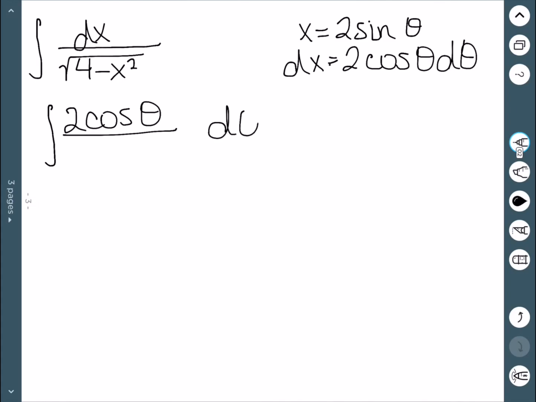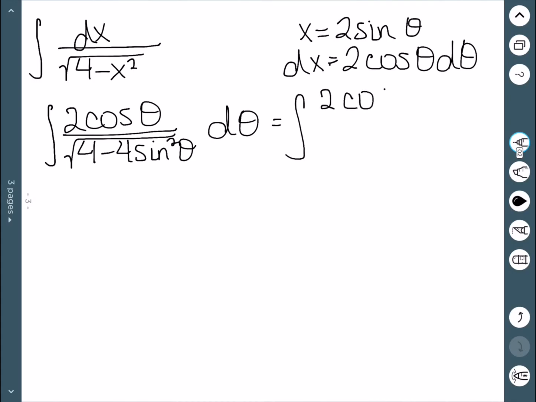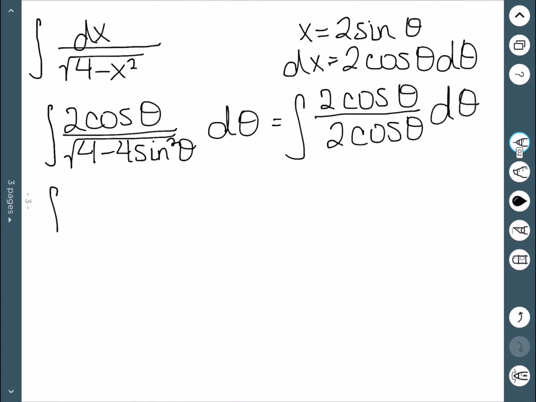And the denominator is the square root of 4 minus 4 sine squared theta. Well, this becomes 2 cosine theta, and the numerator is 2 cosine theta. So this is just the integral of d theta, which is just theta plus c.